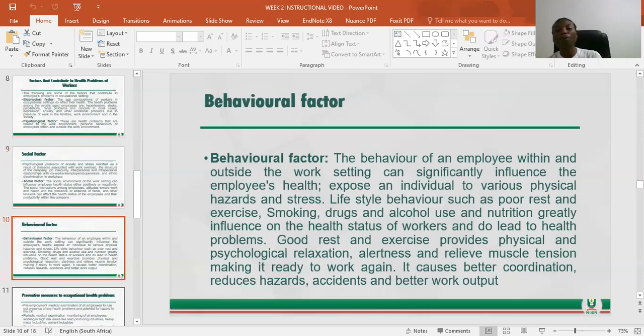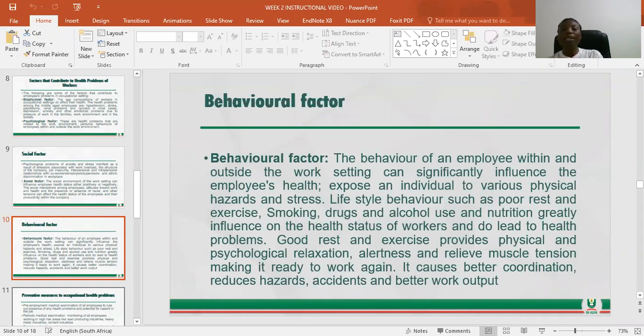And when we say behavioral factor, this is a very important factor. You see, many employees within and outside the work setting can significantly influence their health. How can they influence it?